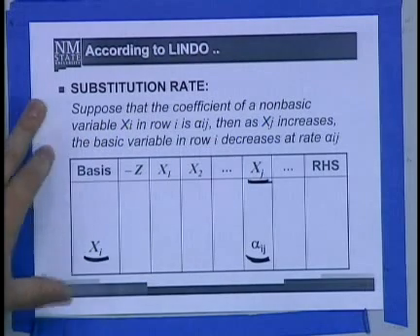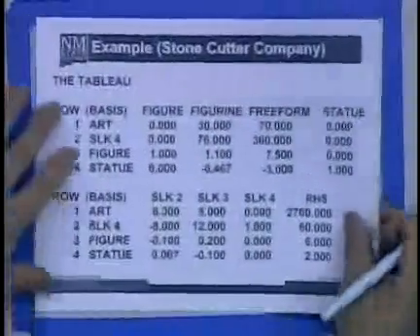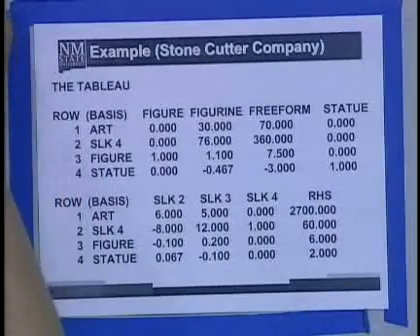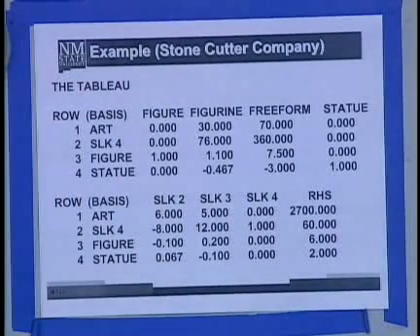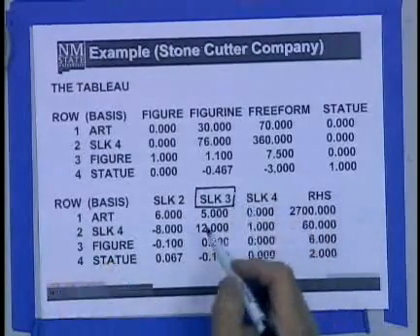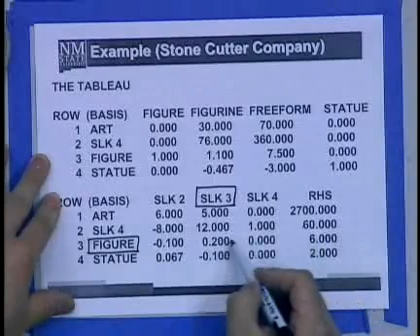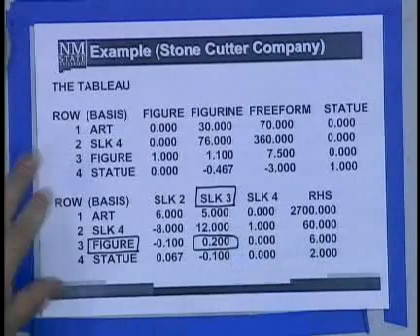Okay? So here, the substitution rate of slack 3 for figure is 0.2, right?